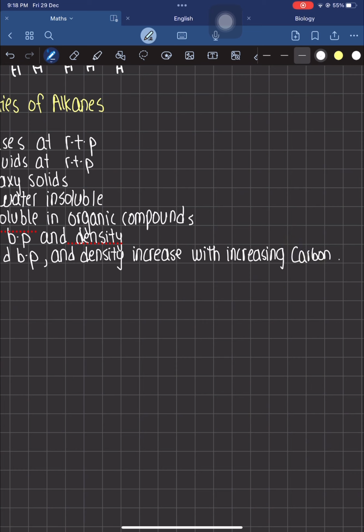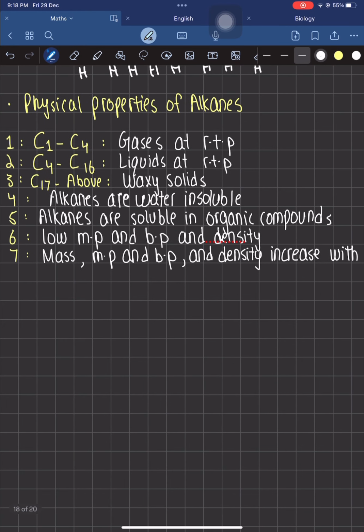So I'll just write: with carbon. Now let's move towards the eighth. First of all, why does the mass increase as we go down the homologous series? This is because the number of carbons increases, so its mass also increases, as well as the melting point, boiling point, etc.